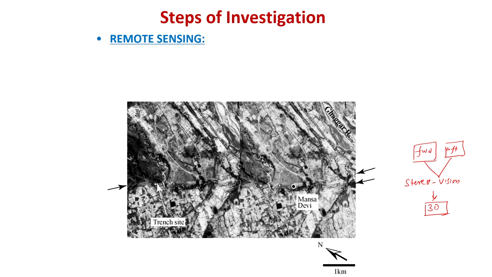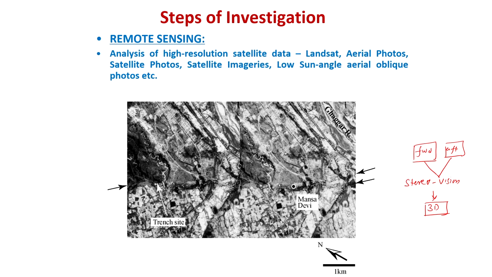It's a part of photogeology, or you can say remote sensing. So for analysis you can use high resolution satellite data, Landsat, aerial photographs, satellite photos, satellite imageries, and low angle aerial oblique photos also, that you can fly the aircraft and take the photographs.